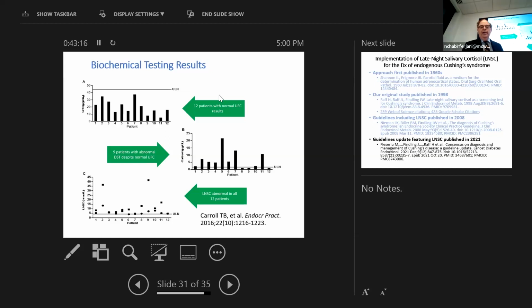Only 9 out of the 12 had abnormal DEX suppression tests, but as expected, all of them had elevations of late night salivary cortisol. So not only did this pick up early recurrence, but also these are the patients who all benefited from some type of therapy. Again, just validating this whole concept of late night salivary cortisol as a sensitive marker of ACTH dependent hypercortisolism.